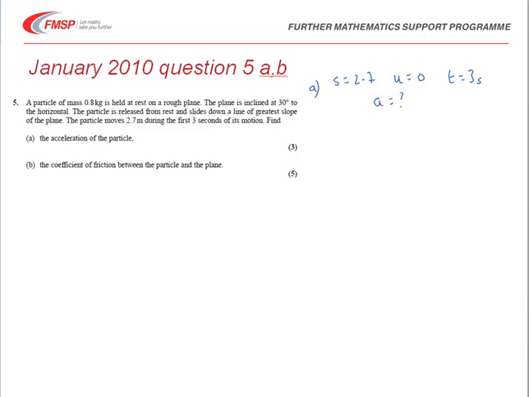So that is a situation where we'll use the equation s equals ut plus 1/2 at squared. Substituting the values we know into that, 2.7 is equal to 1/2 a multiplied by 3 squared, which of course is 9. If you rearrange that and solve, a is 0.6 meters per second squared.